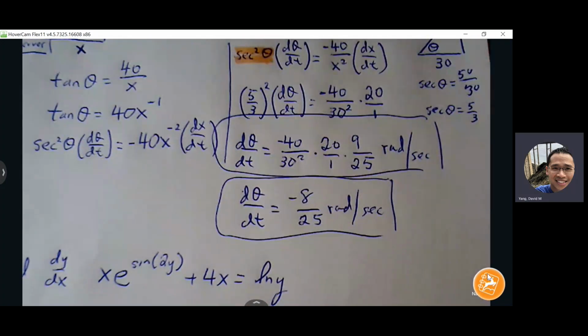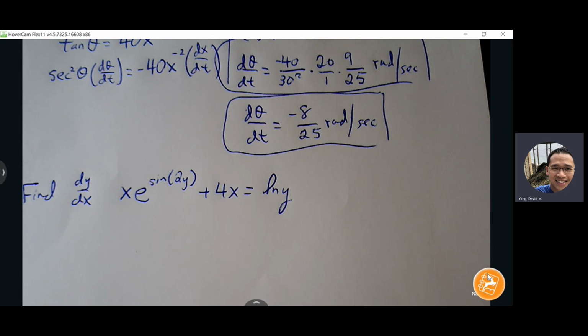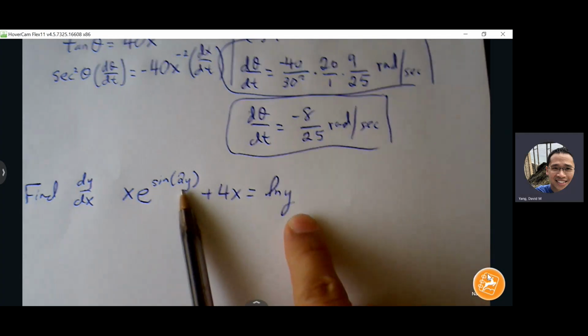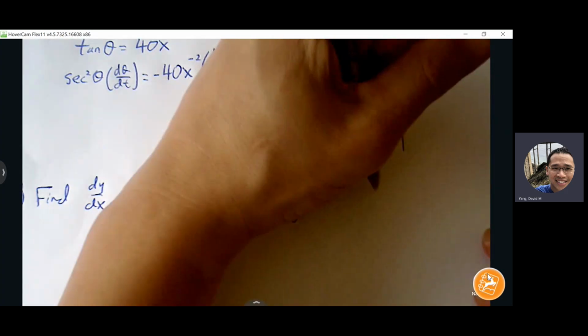All right, so let's see if we can make some observations here. What's involved here if we want to find the derivative? We see y is scattered throughout this problem, right? We know there's going to be implicit differentiation.